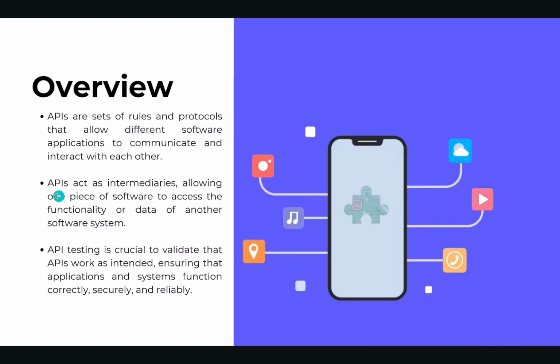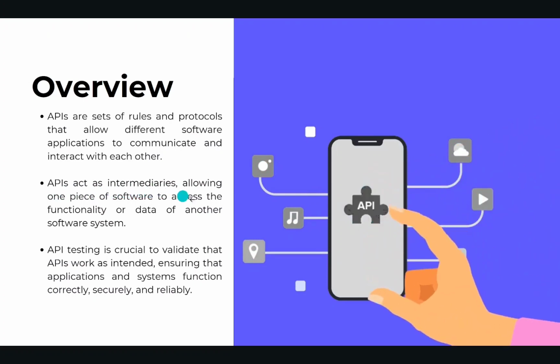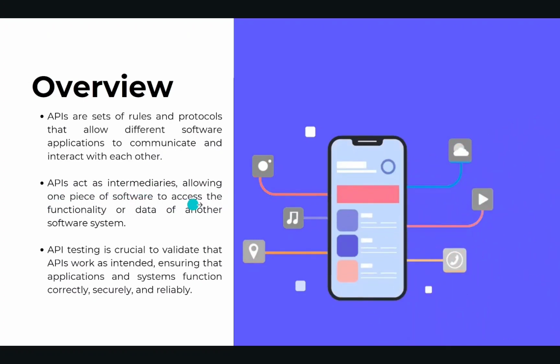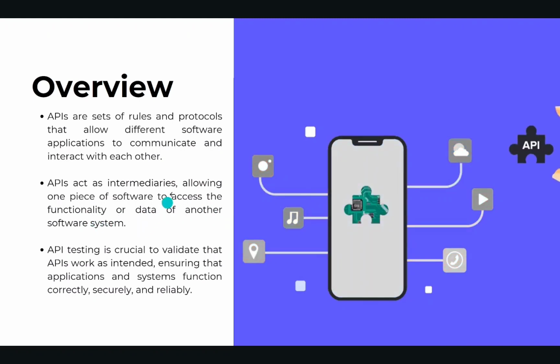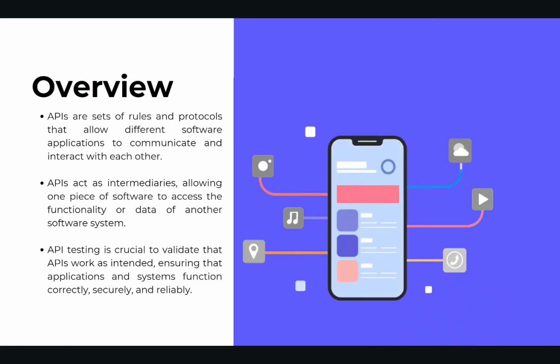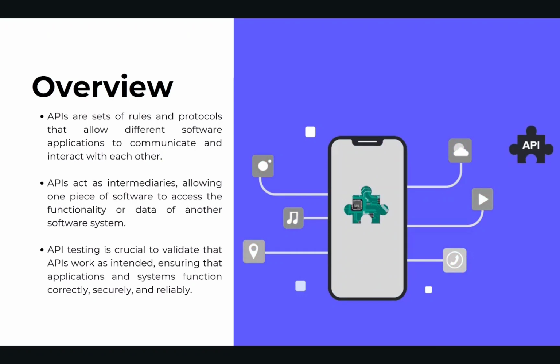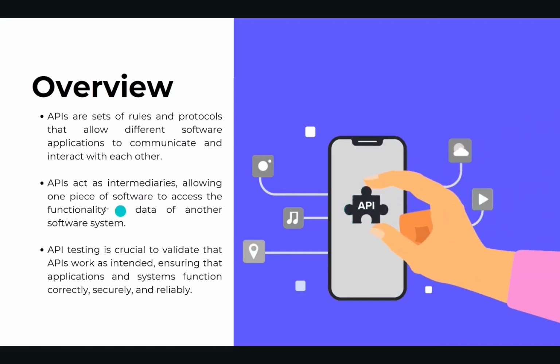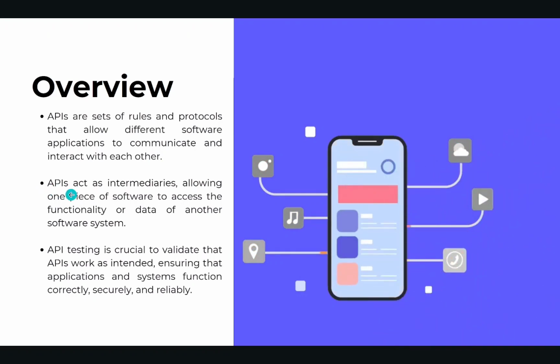Then we have another point mentioning that APIs act as an intermediary, allowing one piece of software to access the functionality or data of another software system, right? So we can have a client device and it can interact with a backend system through a medium, which is going to be the API. All right.